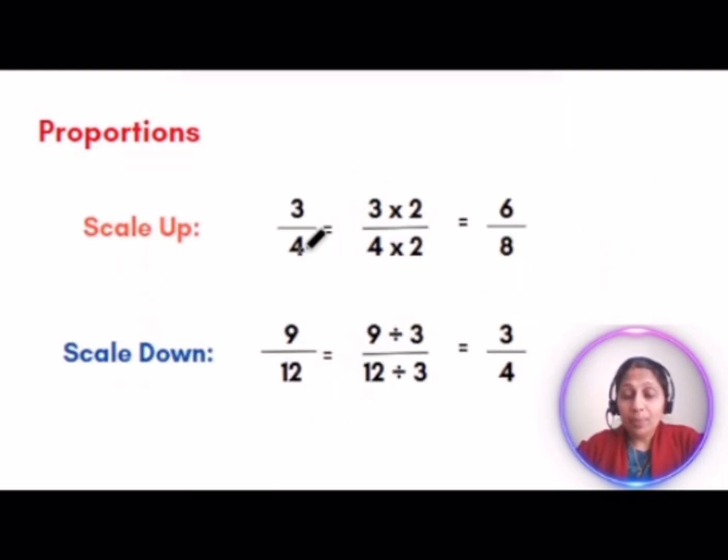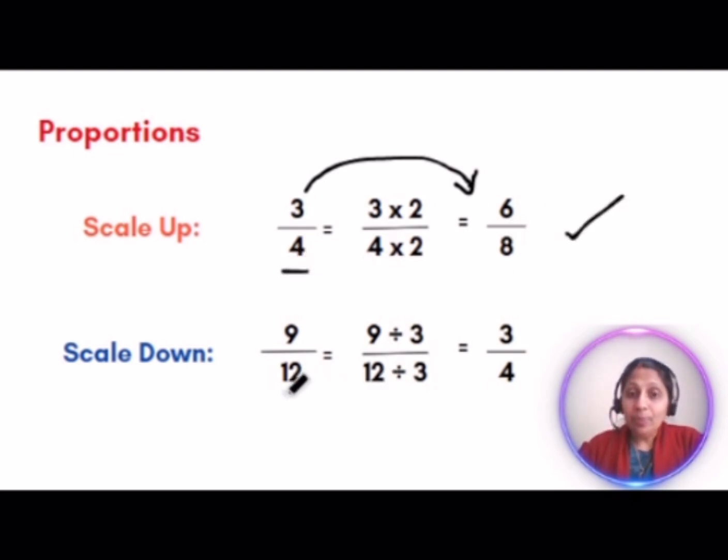If the ratio is scaled up, just like our previous example, 3:2, when we multiply, we get 6:4. So when we get the equivalent ratio by multiplying, it means we are scaling up. So the proportion for 3:4 is 6:8. Similarly, a proportion can be got by dividing a ratio.